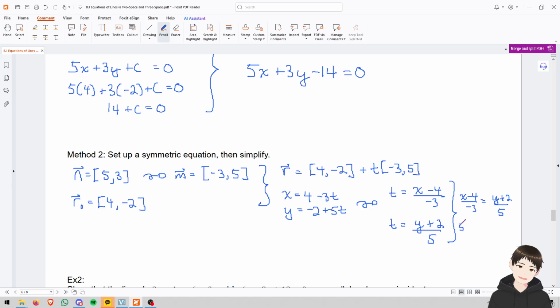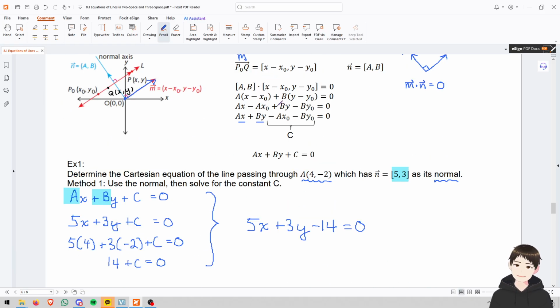Multiply both sides by 5 and multiply both sides by negative 3. Bring everything to one side: 5x plus 3y plus 6, so that's negative 14, equals 0. And we get the same thing.